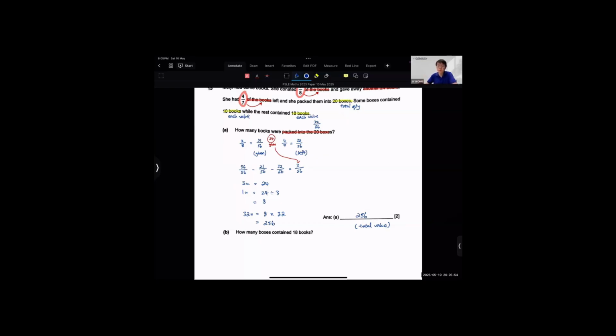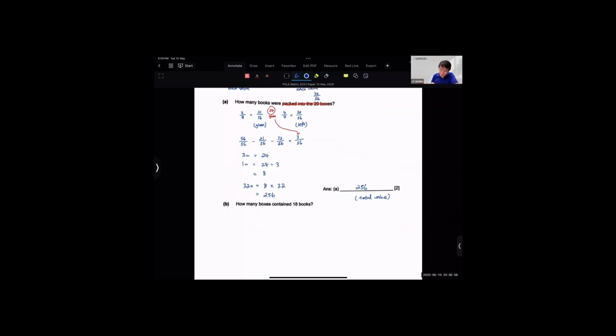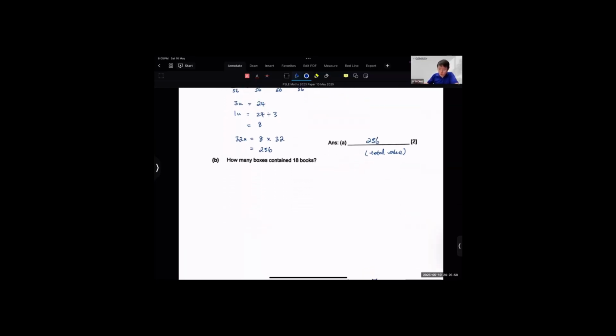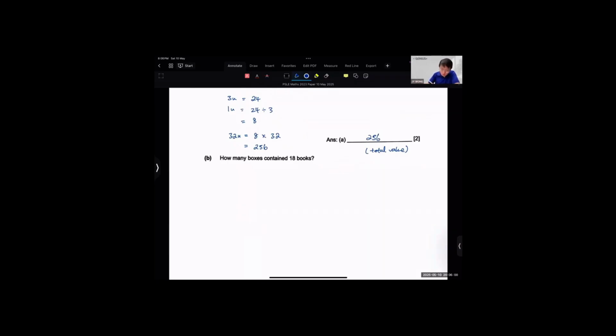Okay. So in assumption, you want to find your large difference, you want to find your small difference, and then you divide. So assume all are 10 books. Always assume the opposite of what you want, right? So that's why I assume all are 10 books.